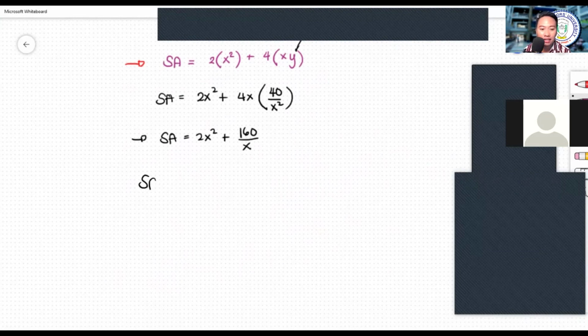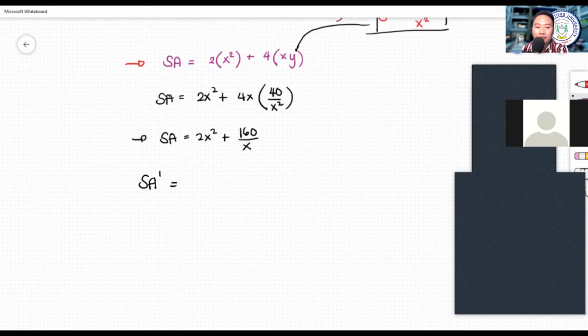I'm just going to write SA prime equals. So what is the derivative of this 2x squared? 4x. And the derivative of 160 over x?